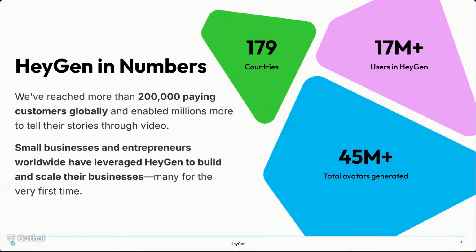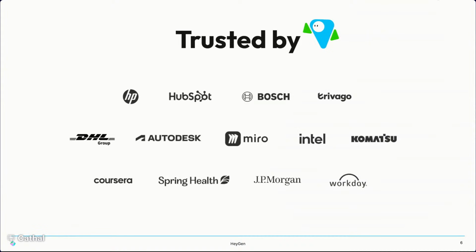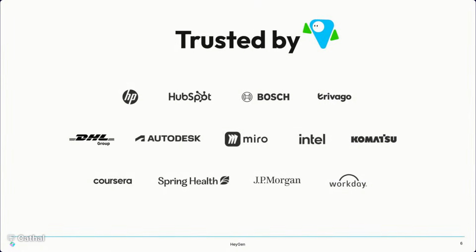HeyGen in numbers, just to give you a little feel for this, we have more than 17 million users across 179 countries. And we have folks using HeyGen from small businesses, entrepreneurs, the whole way up to Fortune 500 companies. Here are some of the organizations that we're trusted by and that we work with.